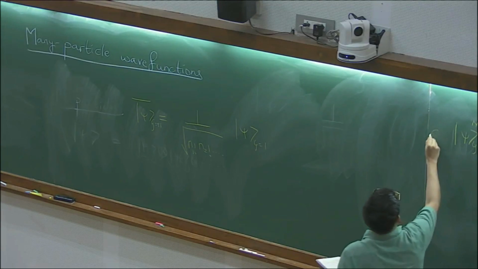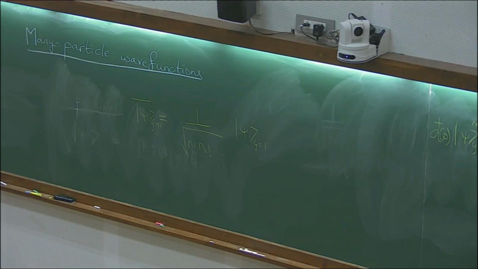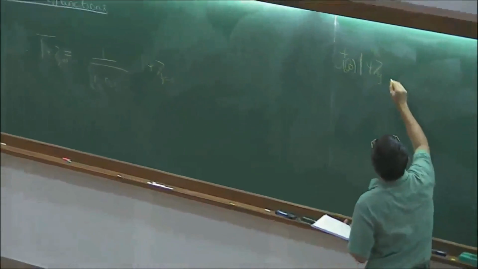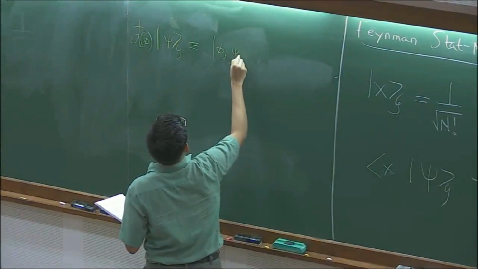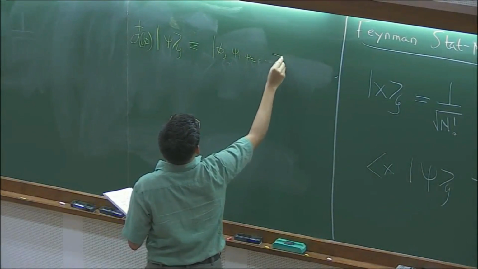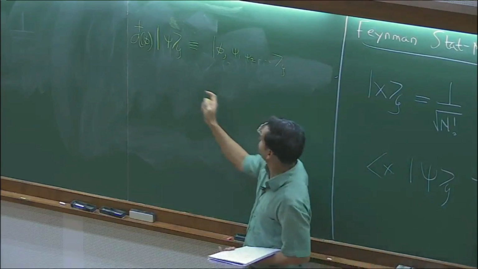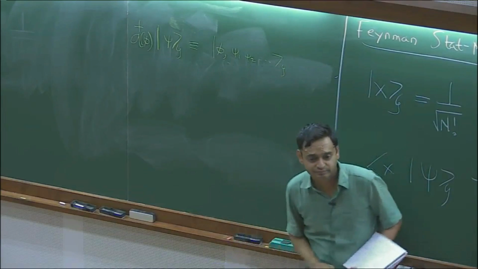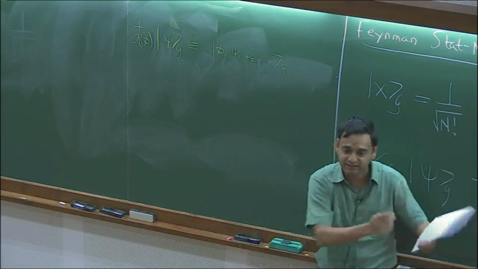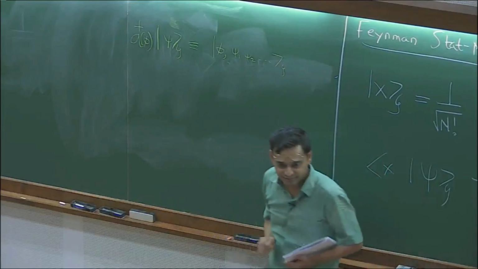So I want to define the operator A dagger phi acting on an n particle state, and I'll drop that label n, to be the state. So I constructed this state psi with some single particle orbital psi 1, psi 2, and so on. Now I added one more orbital into that construction. So you just rewrite the formula I gave you earlier, but with an extra orbital. This describes an n plus 1 particle state, right?